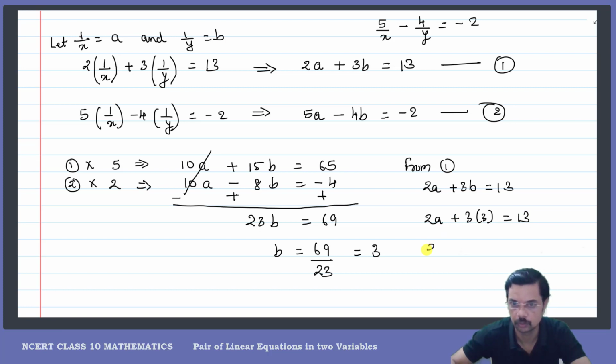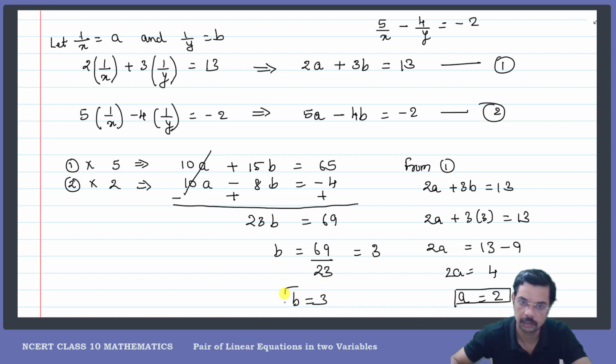Okay, so this is 2a and this 9 will go to that side. So you get 13 minus 9. So you get 4, and this is 2a, so a is equal to 2. Clear? a equal to 2 and b equal to 3.